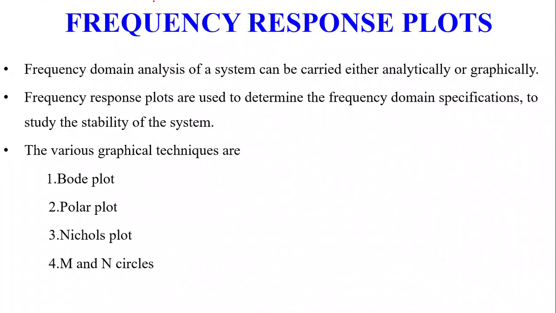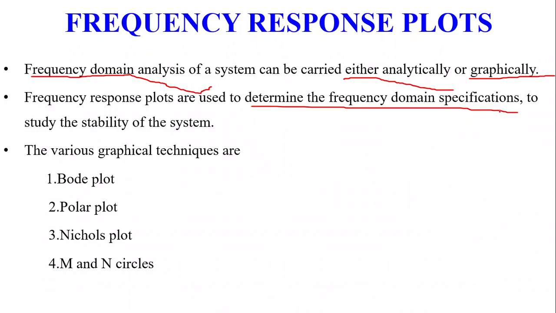And then, the methods we use in frequency response analysis are called frequency response plots. The frequency response of a system can be carried out either analytically or graphically. These frequency response plots are used to determine the frequency domain specifications.